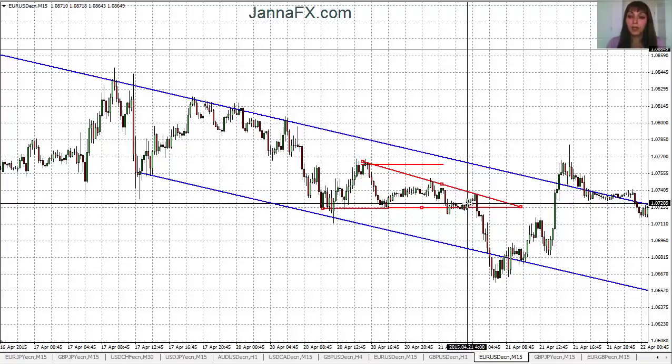And so on the bigger time frames you might have a little bit more, but I think the strongest triangles are those with at least 3 bottoms and 2 tops, and the other way around, 3 tops and 2 bottoms.